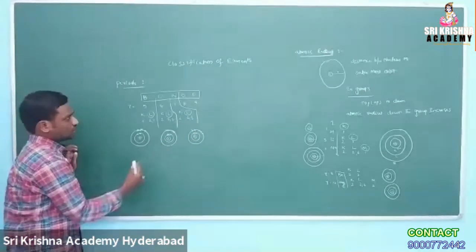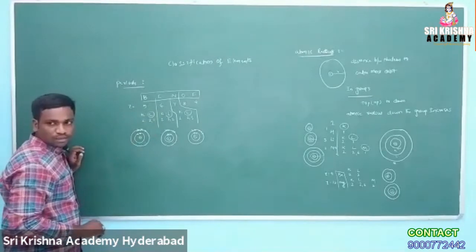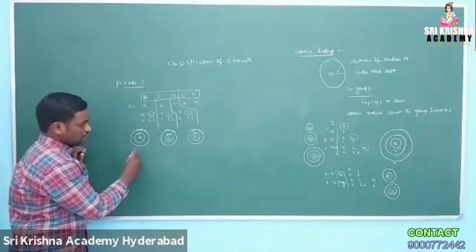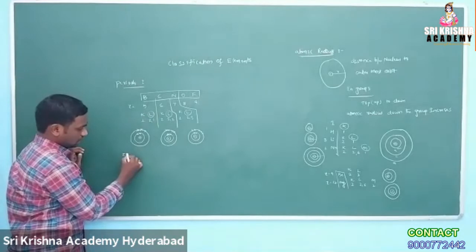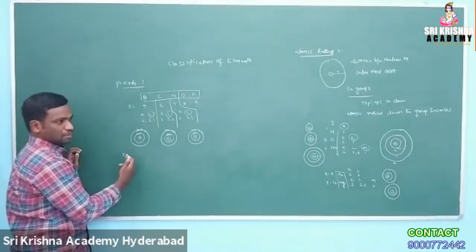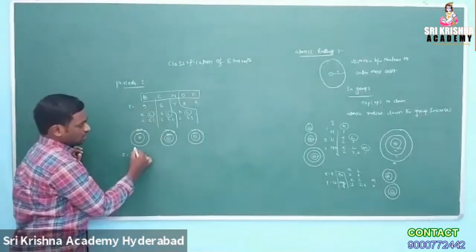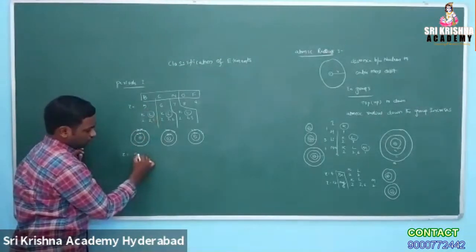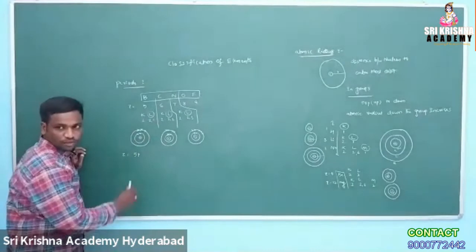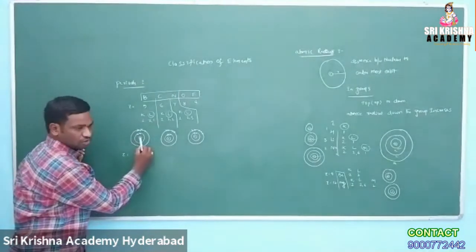So here, protons. In the boron case, how many protons are there? Z means number of protons: atomic number equals number of protons. The atomic number is 5, so 5 protons are there. Protons are present inside the nucleus.